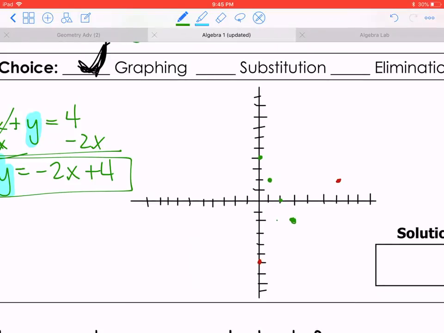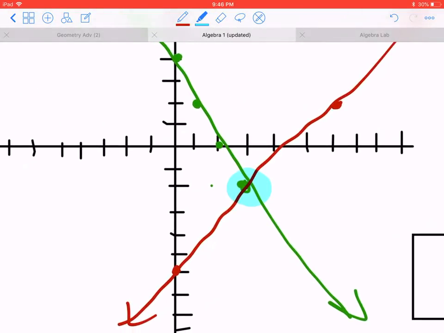So remember with graphing, I know it's been a while, but you want to plot a bunch of points so that you can really see where the intersection is. Because if I had just drawn in my lines, it probably wouldn't be as easy to see, because it's still kind of hard to tell, even with how many points I did, but my lines are so squiggly that it's very hard to tell.